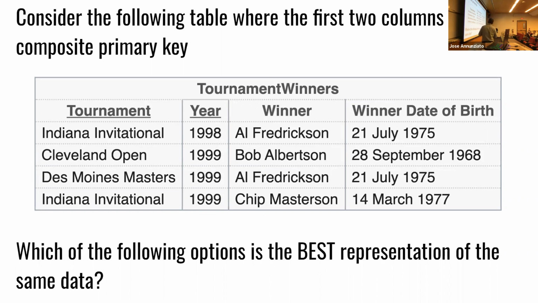So for instance, in this case, you have the person here related to the combination of having won a particular tournament in a particular year. And it makes sense that the same person could have won it in 2 different years. So this is fine, right? That you have repetition here of Al having won it in 1998 and then won it again in 1999. That's totally fine, right?